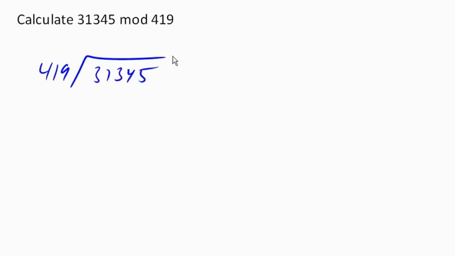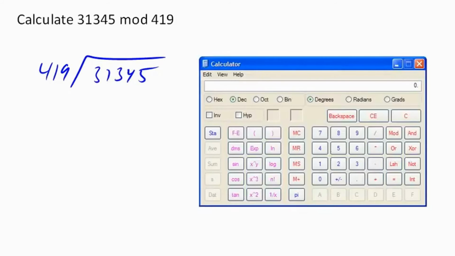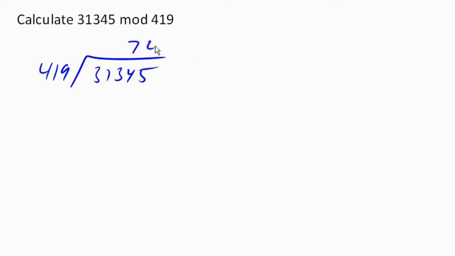So I'm going to pull up my calculator, and I'm going to say 31,345 divided by 419. And I get 74.890 stuff. So I know that the whole part here is 74. And so one thing I could do is multiply 74 times 419 and find my remainder at this point.